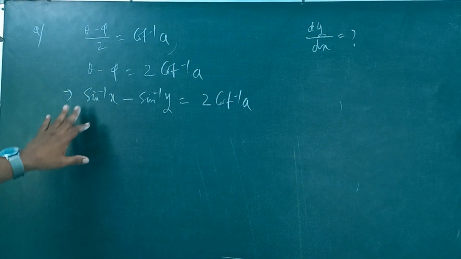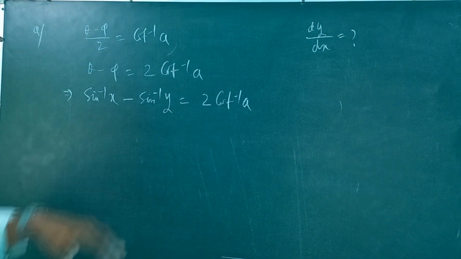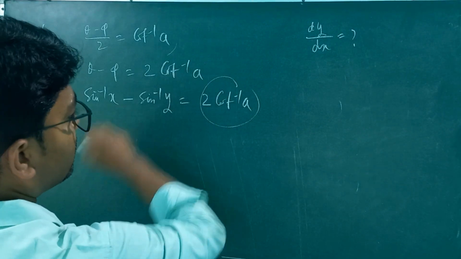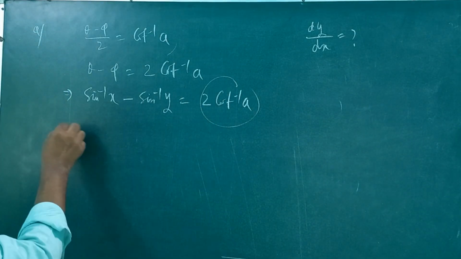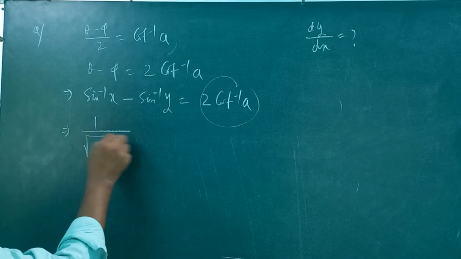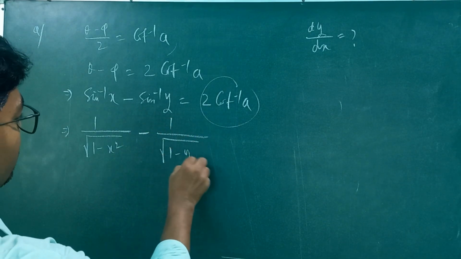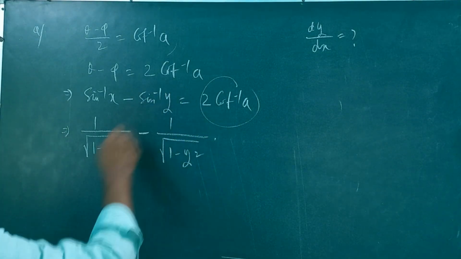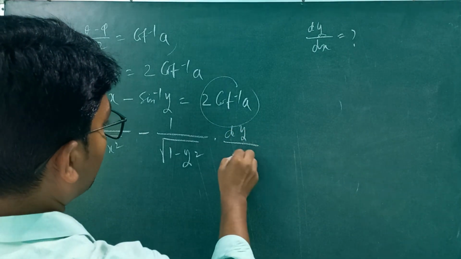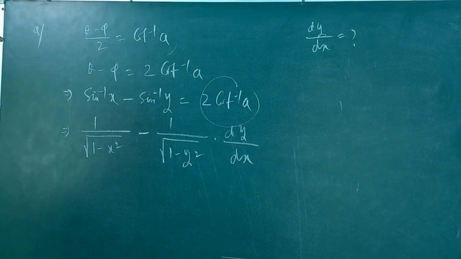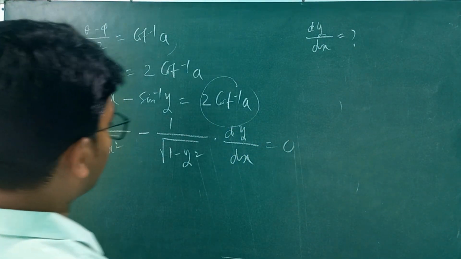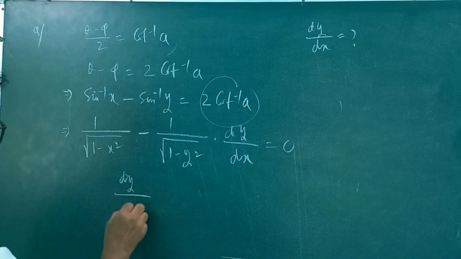You can easily take the derivative of these two functions and its derivative is 0. That is 1 by root over 1 minus x square. This one is 1 by root over 1 minus y square, but this is a function of y, so you have to multiply dy dx, and this one is 0. Then what is dy by dx?